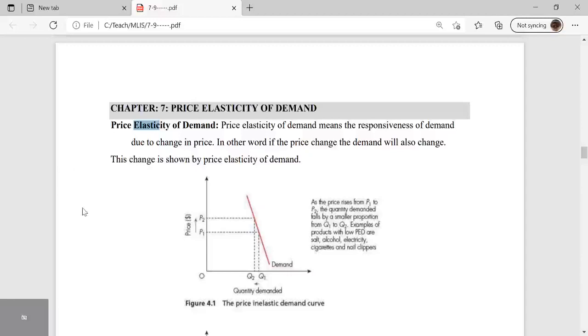So elastic is something that is stretchable. When you are using force, you're seeing that length is increasing. That means it's responding. So the goods that respond to your force, it's elastic.